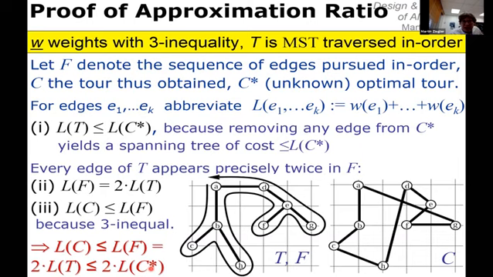But at least Christofides algorithm cannot guarantee a better approximation ratio than 2. That may or may not become a homework problem. Okay, so so much about Christofides and approximating the metric traveling salesperson problem.